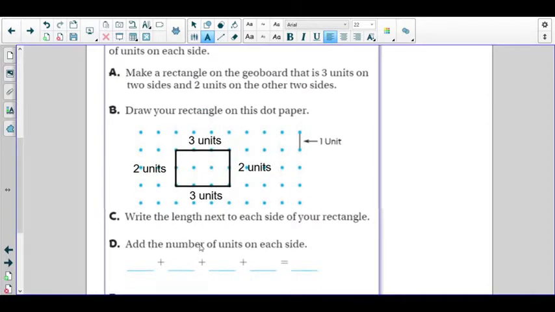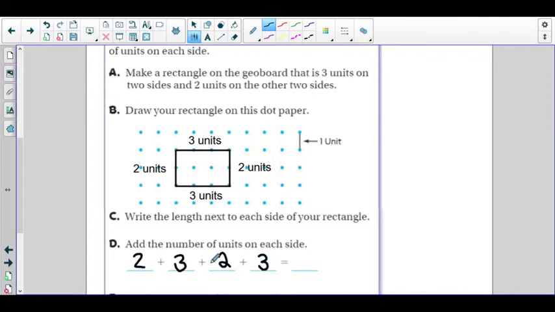Now we need to add the number of units for each side. So we had a 2 and a 3 and a 2 and 3.